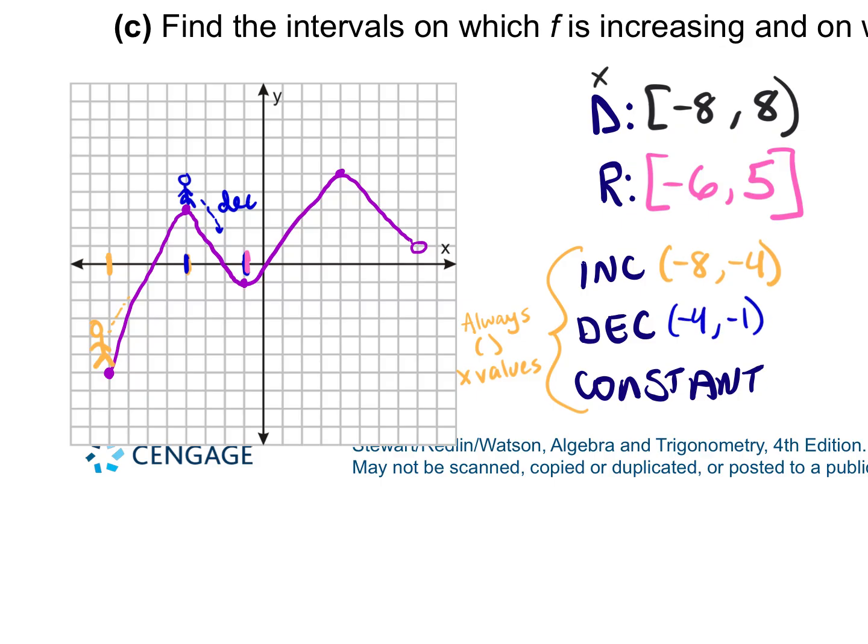Then at -1, we start walking uphill again. We're increasing from here to here. So from this x value to this x value. So from where to where are we increasing again? -1 to 1, 2, 3, 4, right? To 4.